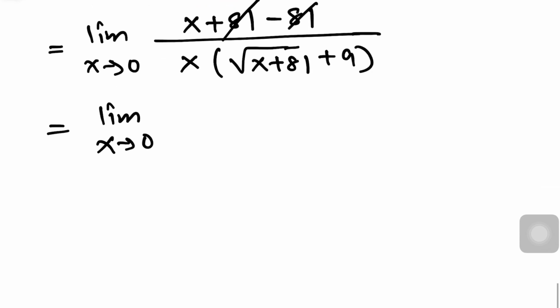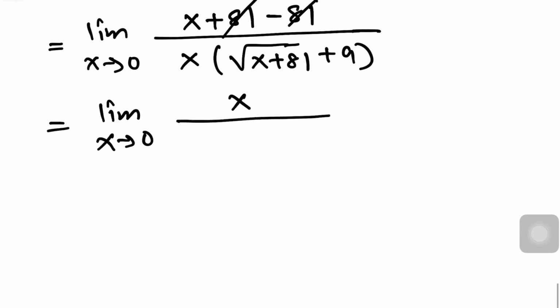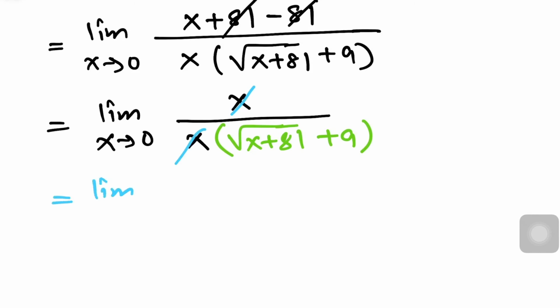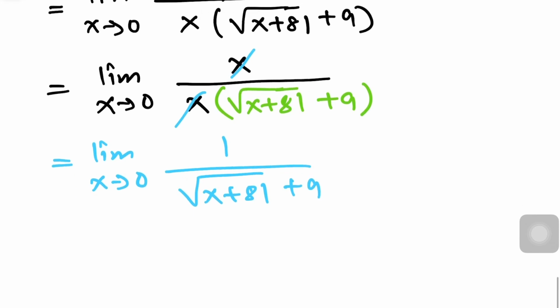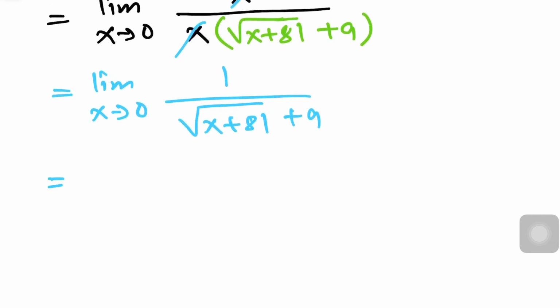So on top we have x divided by x times square root of x plus 81 plus 9. As you can see, we have x on top and x in the bottom. They will cancel each other out. That's exactly what we wanted to have. As x approaches 0, we have 1 on top, over square root of x plus 81 plus 9.